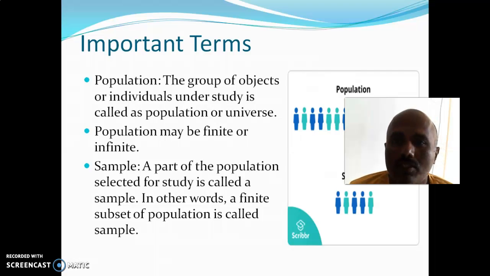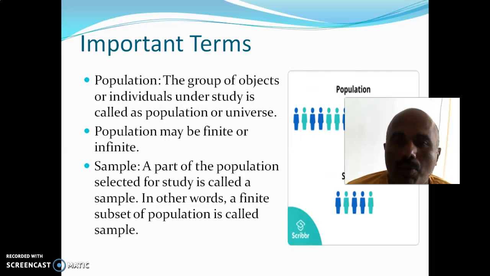Before going to discuss the theory of sampling, first of all, let us study some important terms used in the theory of sampling. First one is population. A population is nothing but a group of objects or individuals under study.